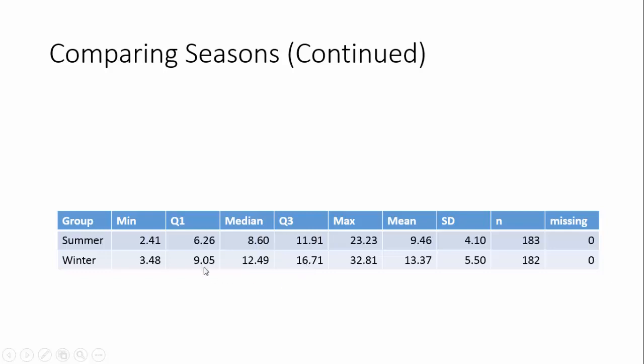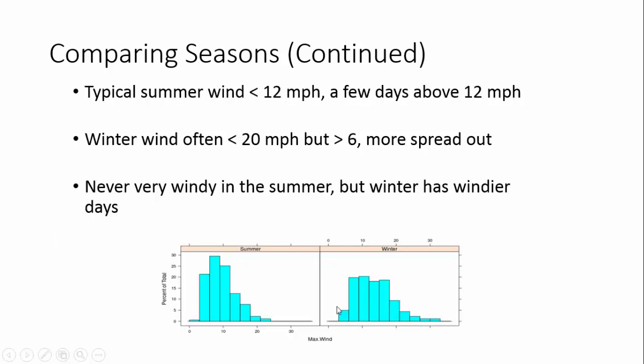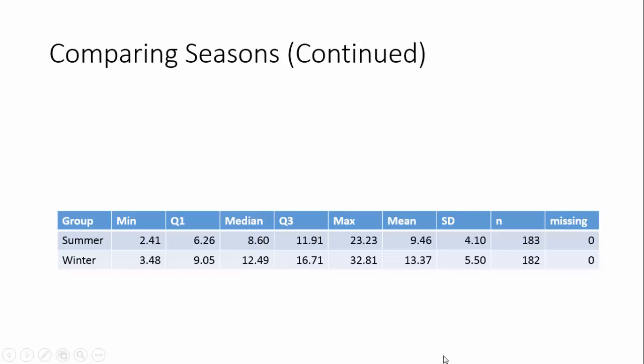So again, it's more spread out in the winter. By the way, the standard deviations tell the tale, but a little bit differently. And in fact, obviously with the kind of histograms I have here, with the skew, maybe some outliers, I probably want to use the median and interquartile range to make my comparisons.